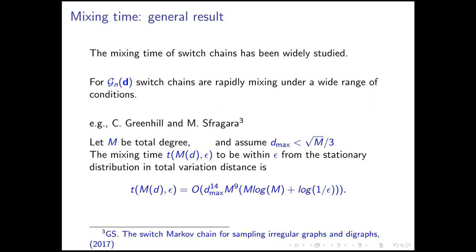And we're assuming that no vertex has degree larger than the square root of M. Then the mixing time, which is the number of steps to be within epsilon of the stationary distribution in total variation distance, is given by that formula there. And you can see that that's quite a high degree polynomial, because M, for any connected or reasonable graph, is at least n. So it's at least n to the 10th log n.